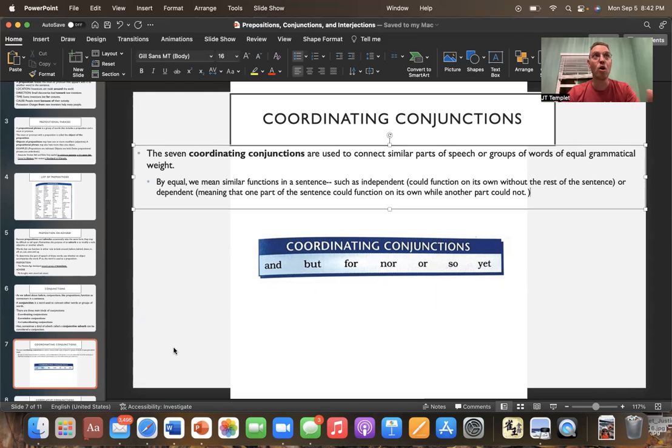So if I said Claudia and Mr. Template read books, the and is showing that we are both equal in that sentence, right? Claudia and myself. Neither of us is taking priority. One of us isn't reading while the other is taking a nap. We're both doing the same thing.